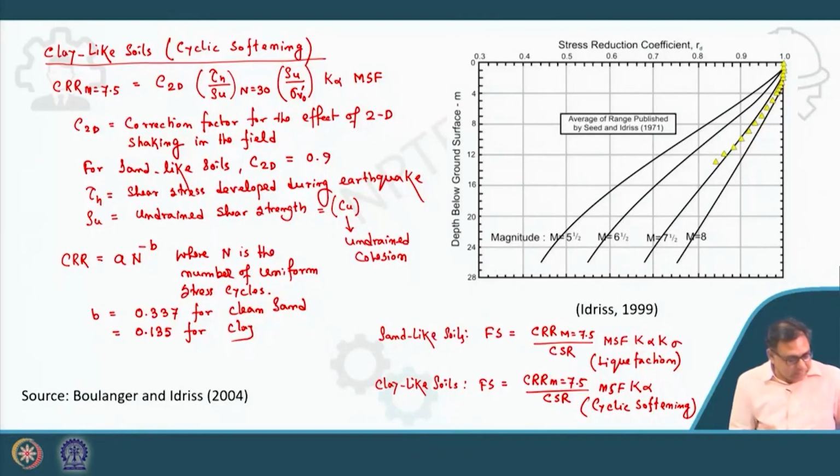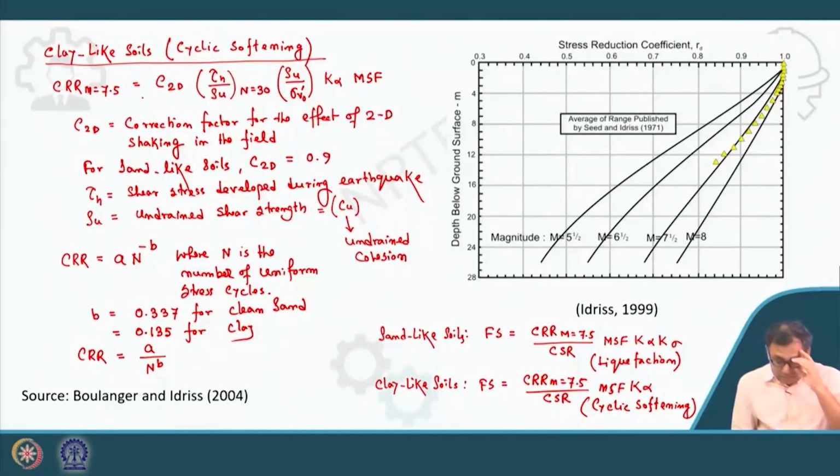Now, if this is the expression, then we can write that my CRR is equal to A by n to the power b. Here also we will get the CRR, and the expression of CRR is given in terms of A, B and n. Here the expression of CRR is given in terms of shear stress and undrained shear strength.